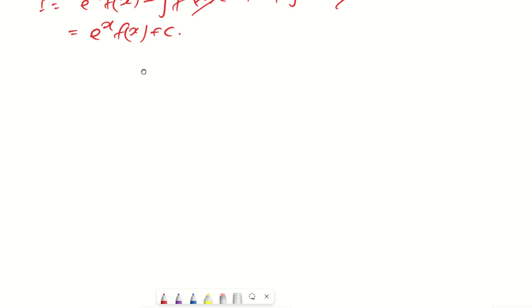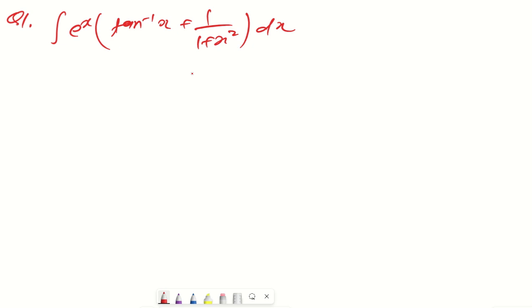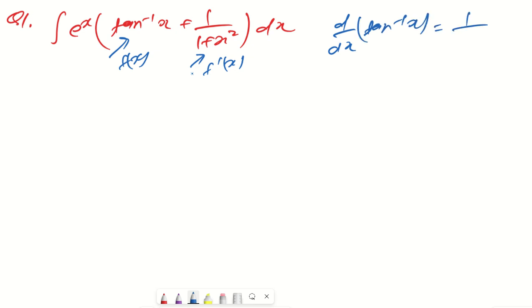question number 1. Take the integration of e to the power x into tan inverse x plus 1 by 1 plus x square. Can you see that if I consider tan inverse x as f of x, then 1 by 1 plus x square can be written as f dash x, because the differentiation of tan inverse x is nothing but 1 by 1 plus x square.